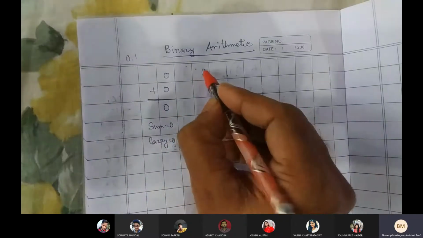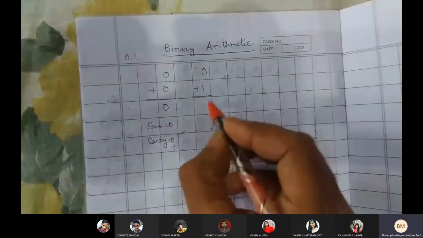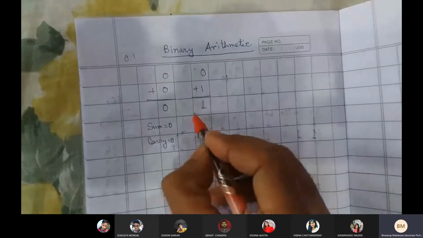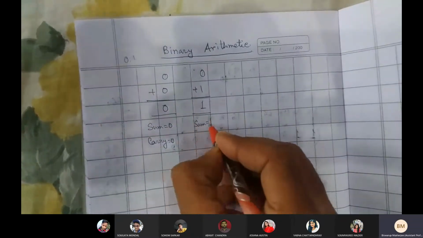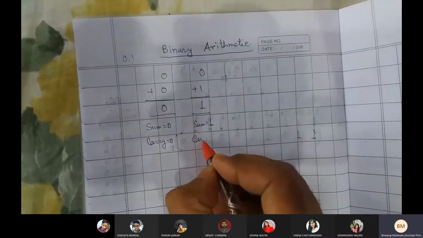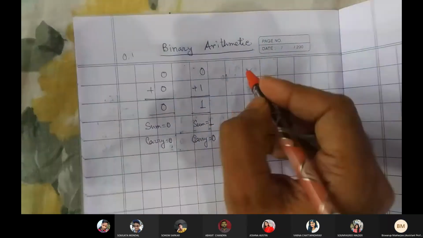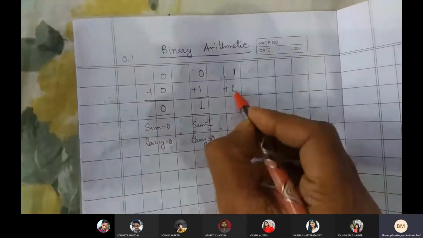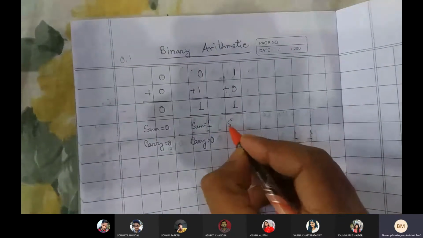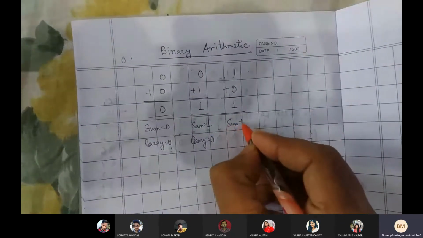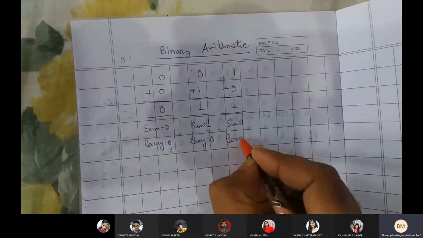If it is 0 plus 1, fine, so also 1. The sum is equal to 1 and the carry is equal to 0. If you are having 1 plus 0, fine, so that is 1. Sum value is equal to 1. Carry value is equal to 0.